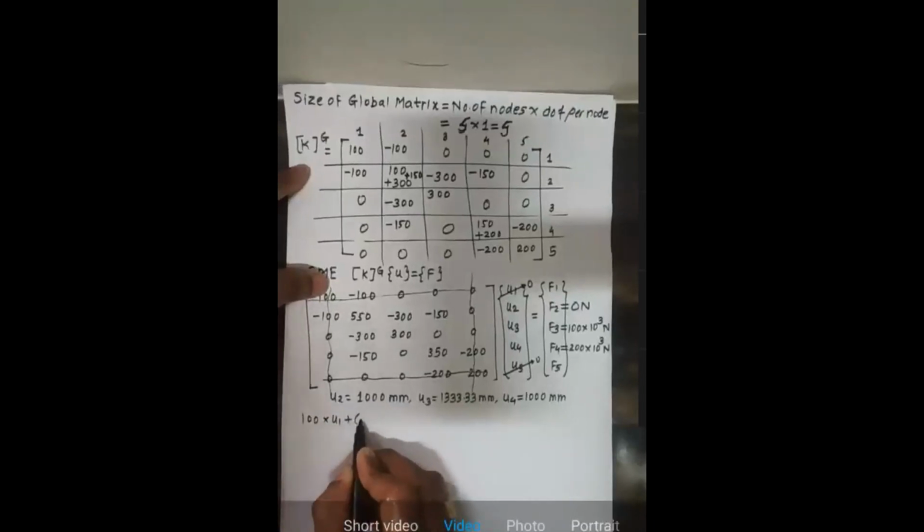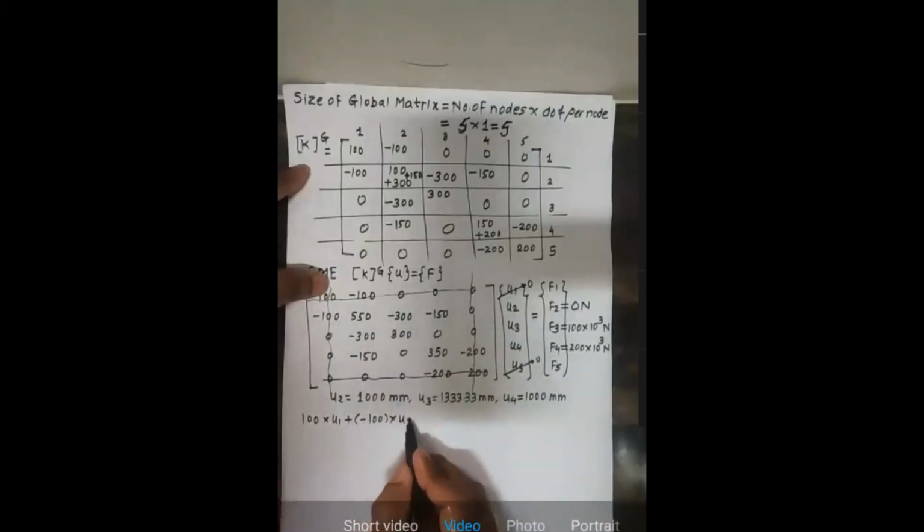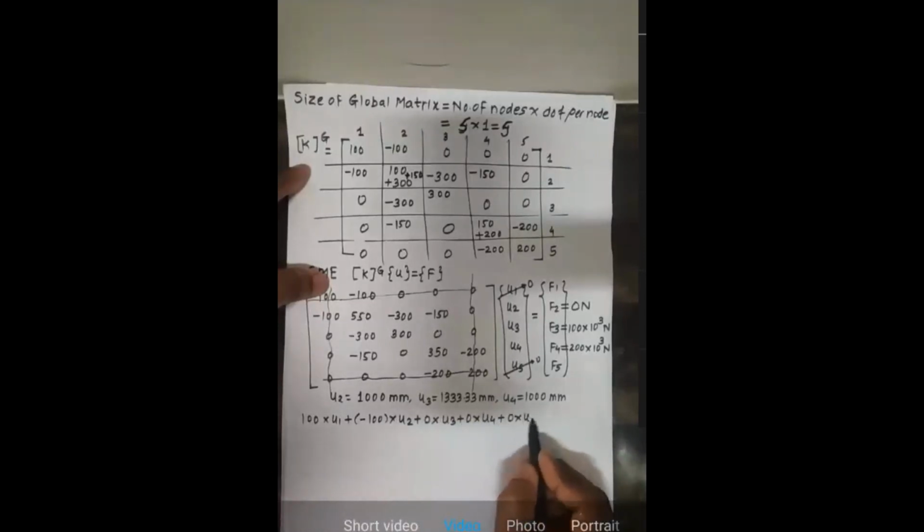So let's do that. 100 into U1 plus minus 100 into U2 plus 0 into U3 plus 0 into U4 plus 0 into U5 is equal to F1.